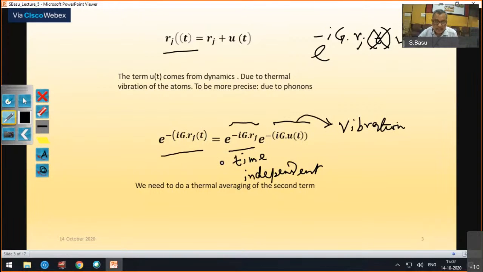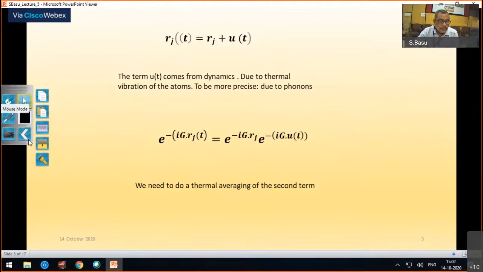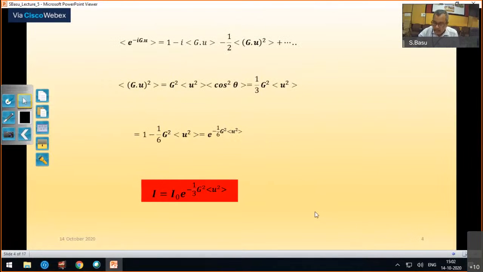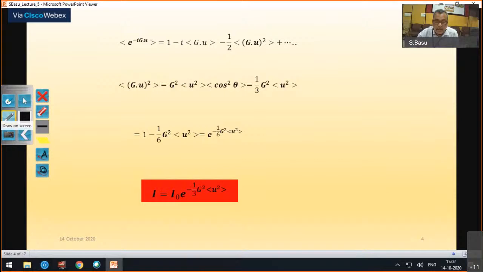And then I told you that I need to take a thermal averaging of e to the power minus i g dot u, which is a time dependent part.